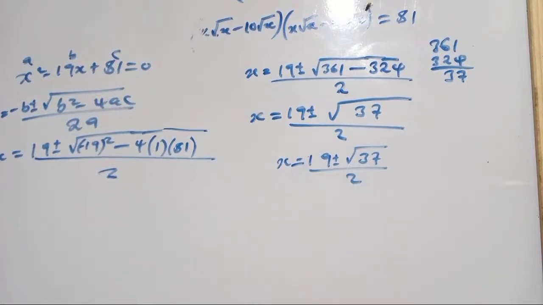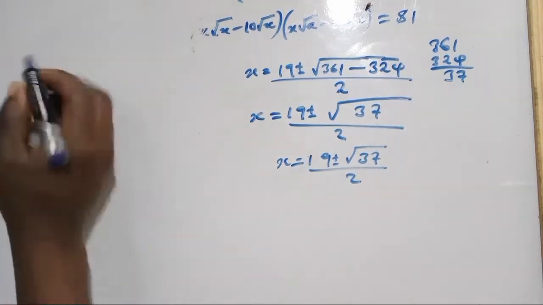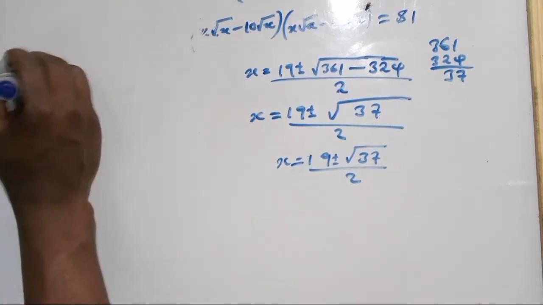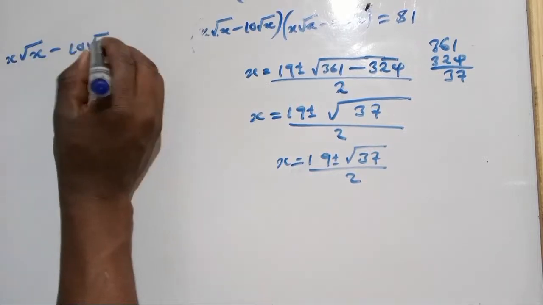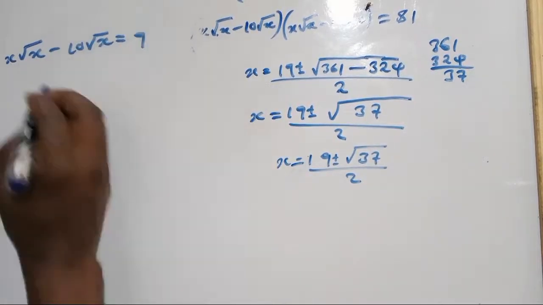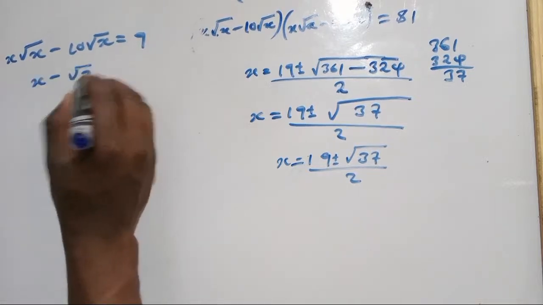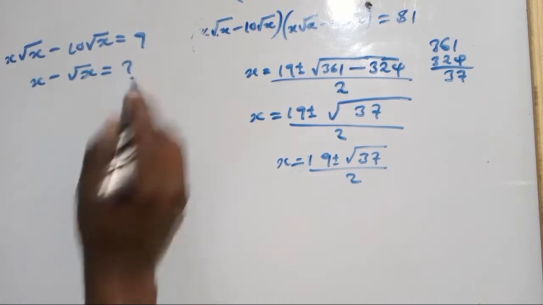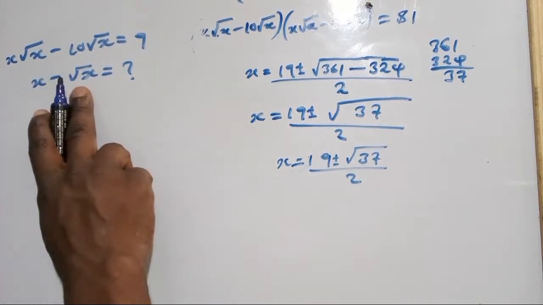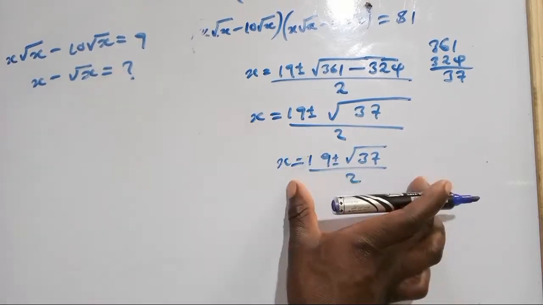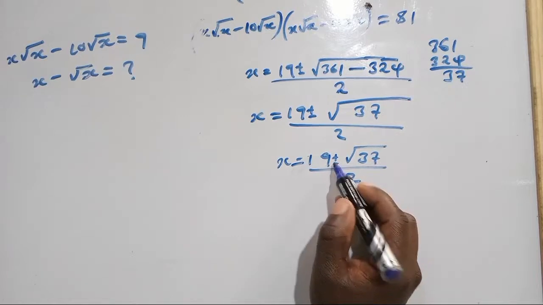And remember, in our equation we had this situation here, which is x plus root x to be equal to 9, and x minus root x to be equal to question mark, because we're looking for this term x minus root x. So we have to take this term. For here, we're only considering the positive part, not the negative.